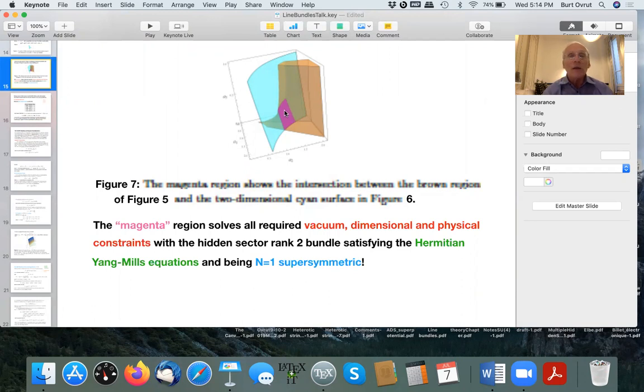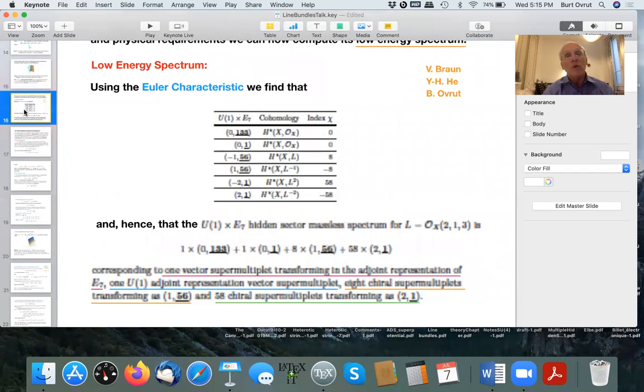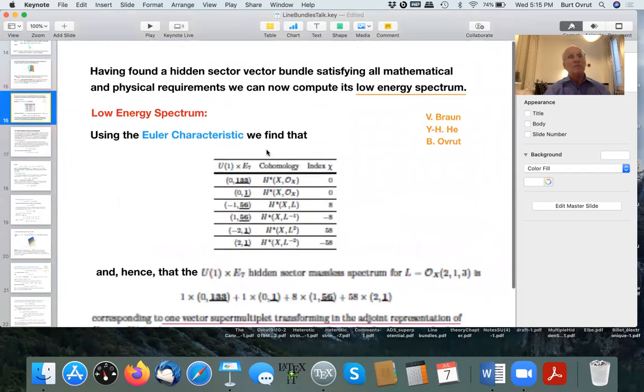Any Kähler modulus in this region, moduli a1, a2, a3, solves all required vacuum, dimensional, and physical constraints with this hidden sector rank 2 bundle, and that bundle satisfies the Hermitian-Yang-Mills equations, and then it's N=1 supersymmetric. So this magenta region we want to focus on, and we will henceforth.